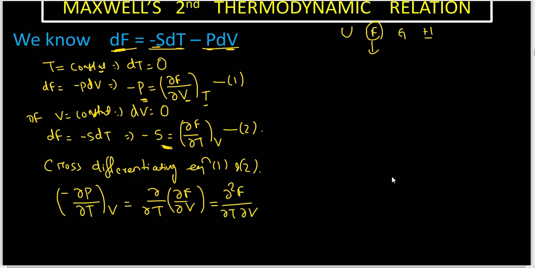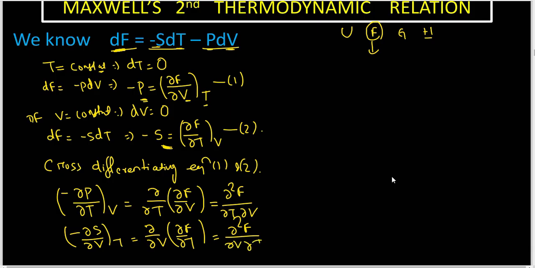Similarly, for equation 2, the derivative will be with respect to V, that will be minus ∂S/∂V with respect to T is equal to ∂/∂V of ∂F/∂T. So this part will be ∂²F/∂V∂T. Now this is equation 3 and this is equation 4.